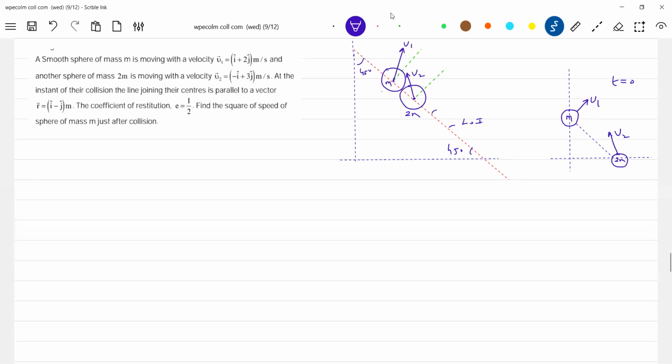This will be T cap. Which velocities will not change due to impact? Those which are normal component, those components which are along line of impact, they will change. Those components which are perpendicular to line of impact will not change. Okay, I'll bring the same. This is during collision, just before collision. This is before collision. This is just after collision.